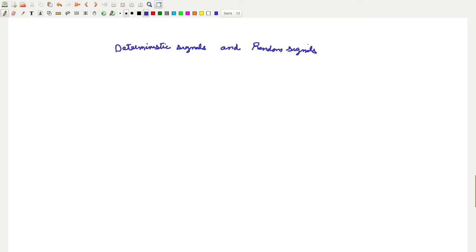Deterministic signals are the signals which can be represented by a mathematical equation.